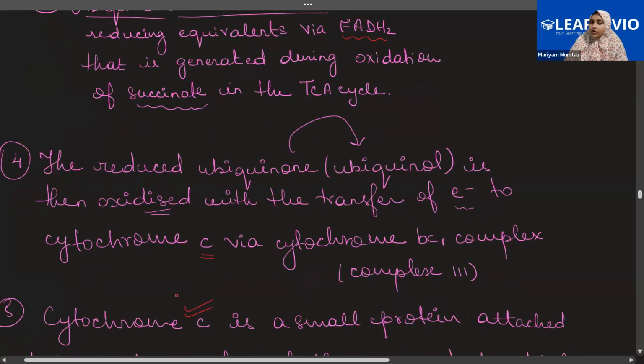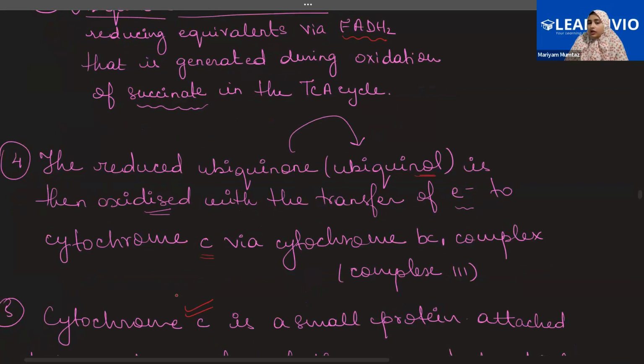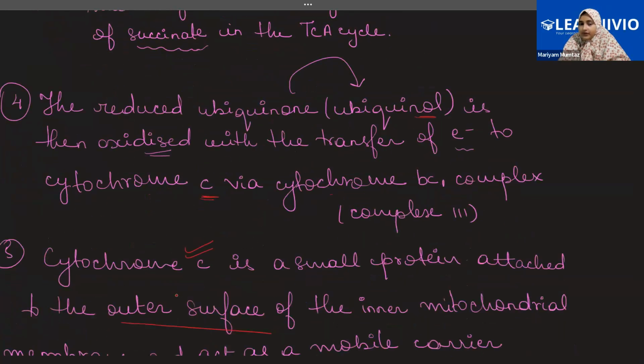Then the electrons are transferred to cytochrome C via the cytochrome BC1 complex. Cytochrome BC1 complex is complex number 3. So the electrons from the ubiquinol are transferred to cytochrome C through cytochrome BC1.